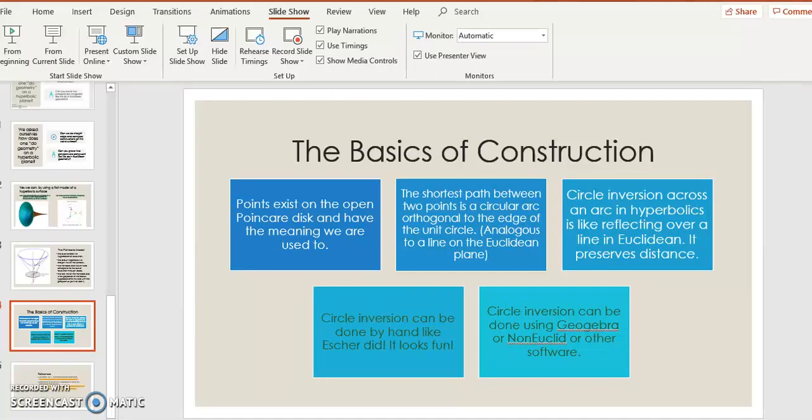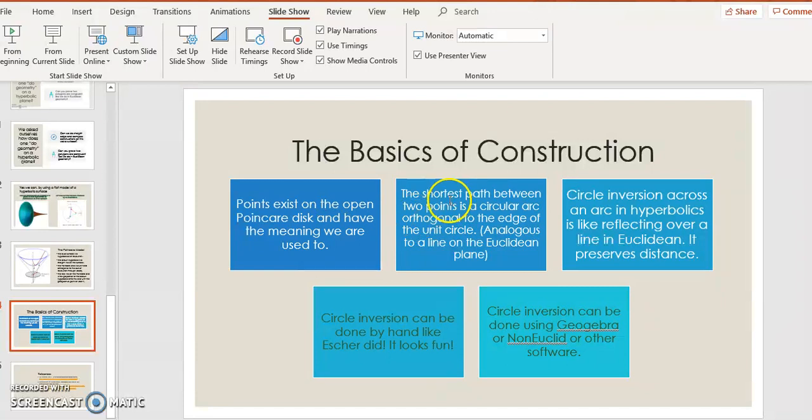So we ended up being able to answer our question in most ways, our question of can we do basic constructions on the non-Euclidean hyperbolic surface. So we showed that we can do them on the Poincare disks, and these are the points I want to make here about that. So points exist on the open Poincare disk and have the meaning that we're used to points having.